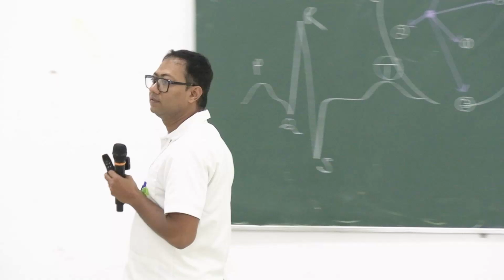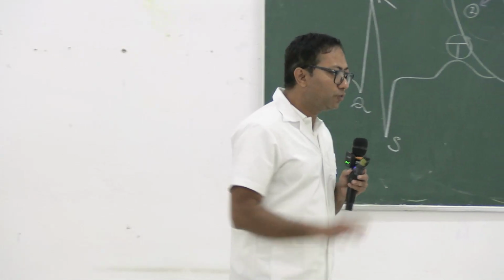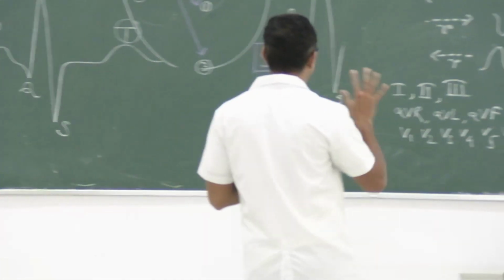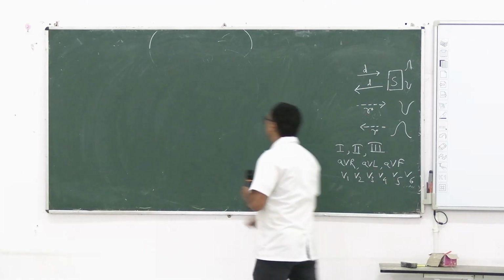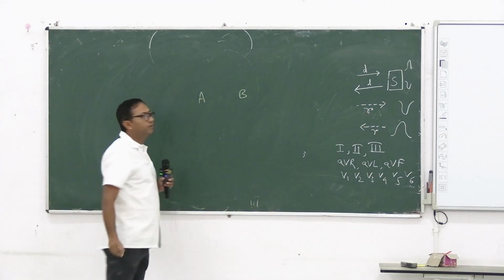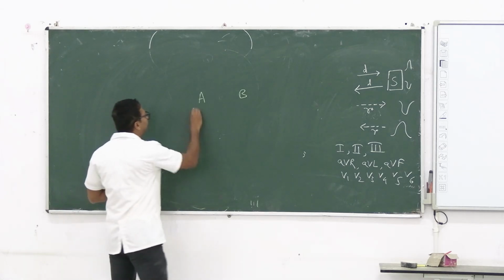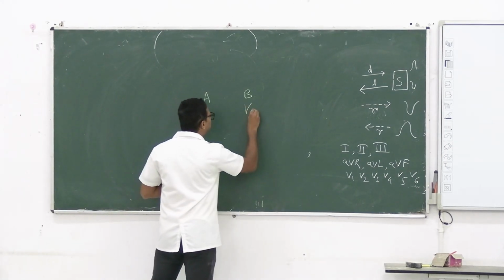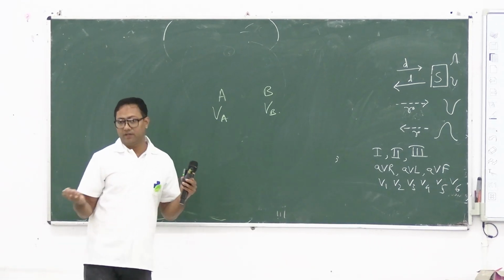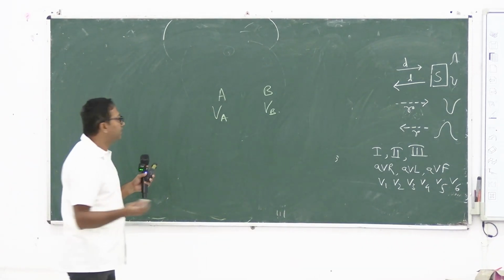A lead is defined as a pair of electrodes to measure the potential difference between two points, say point A and point B. The potential is VA and VB, and you want the difference between these two points.